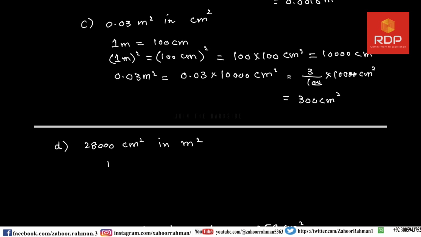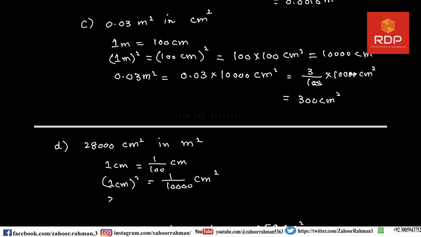So again I am writing 1 centimeter is equal to 1 over 100 meter. So 1 centimeter square will be equal to 1 over 10,000 meter square.